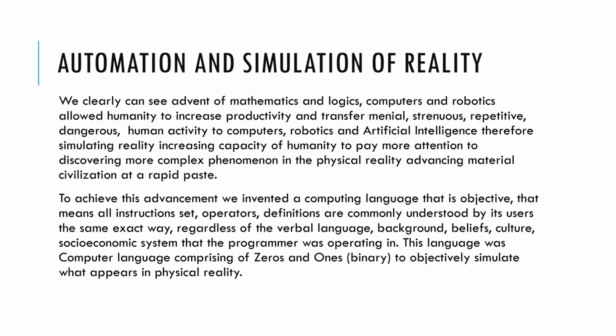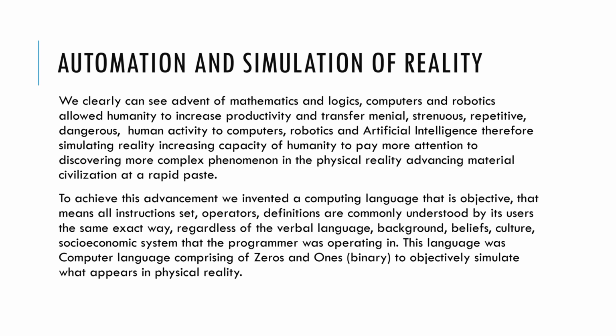Now, for this, we needed to invent, obviously, computational language using mathematics to describe reality for these machines to be able to give us the answer faster and faster and faster. But one thing which was very important: these languages are actually objective.